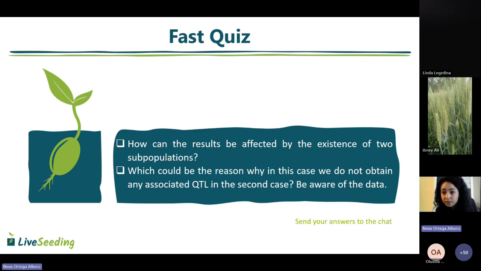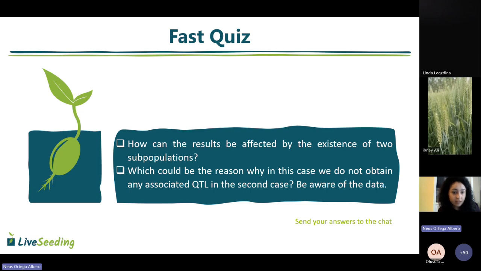Exactly, because it is possible that fake results can appear. It's possible that we have linkage disequilibrium, linked genes. We can have some structured population with some haplotypes and not other haplotypes, just combinations of alleles, and that's it. Okay, I just wanted to remind you of the importance of having all the variability represented in your study population.